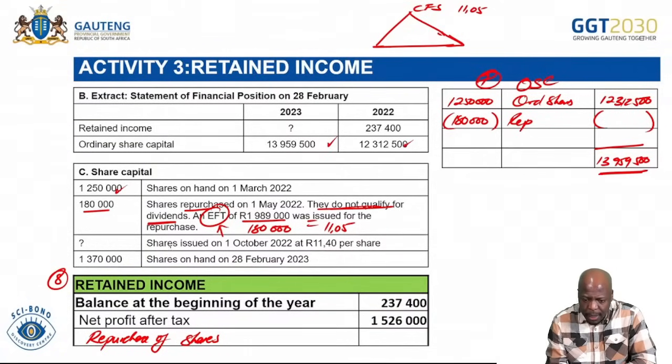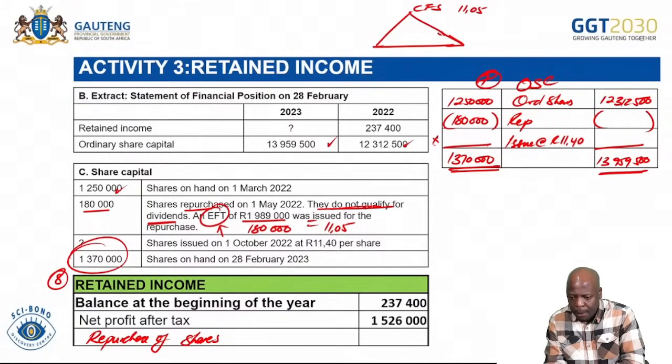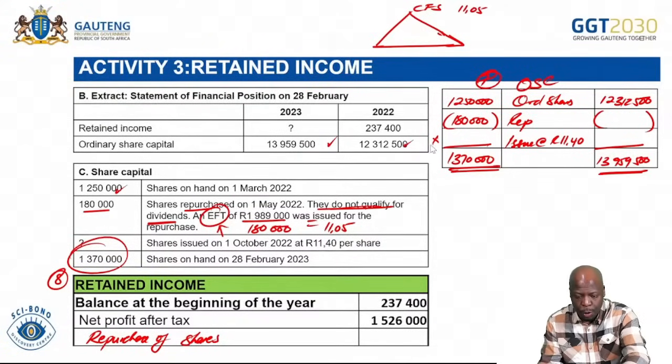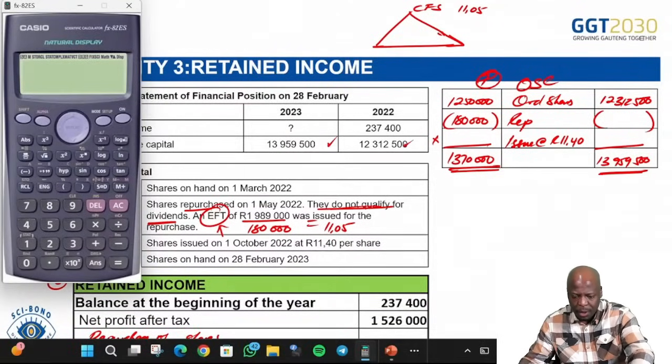Then there were shares issued at 11 rand 40. We don't know the shares that were issued at 11 rand 40. But we're told we have 1,370,000 shares at the end. We good? So I should be able to get that one. Okay, reverse calculation. How do you do these reverse calculations? This is what you do.